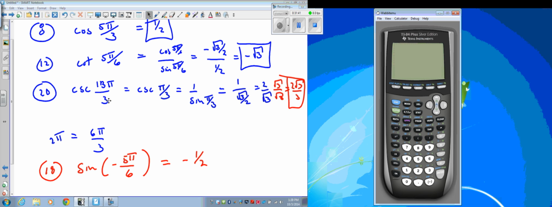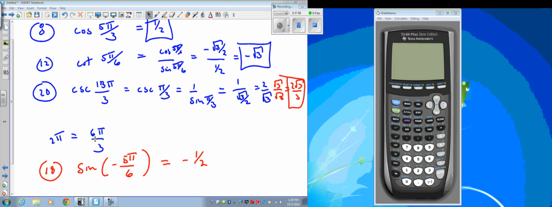Now, if the denominator was something else, what are the choices we have? If you look at your exact values, you can have a pi over 6, right? You can have something over 6, right?